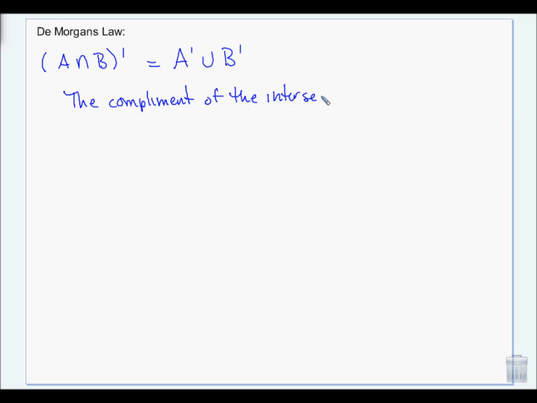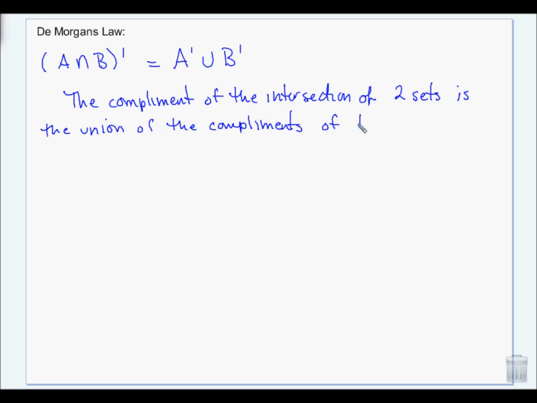And he actually discovered that if you take the intersection of A and B, and you take the complement of it, so in words, okay, this is actually how he wrote it.